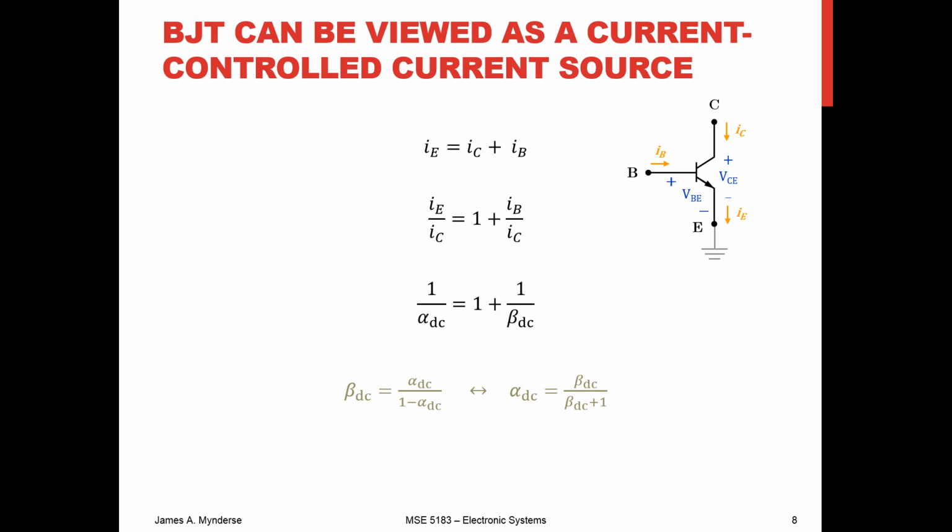So you can rearrange it, and you can put beta in terms of alpha, or you could put alpha in terms of beta, but you can see that these two are connected. This efficiency in terms of alpha versus this gain in terms of beta, well, they're one and the same. So we can always find an equivalence between these two.